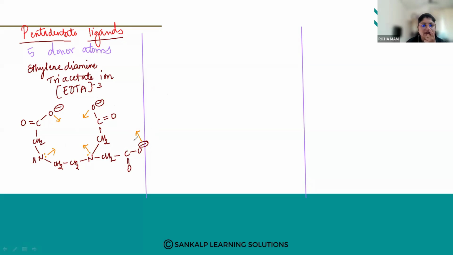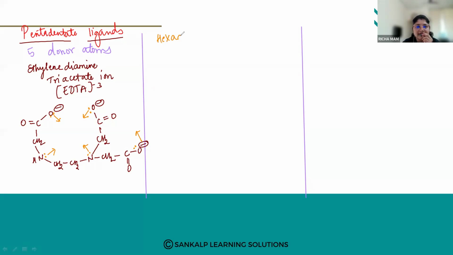So 3 oxygen atoms and 2 nitrogen atoms. So this is 5 donor sites. Like this, the metal ion will get linked to the 5 donor sites of the ligand. So this is an example: EDTA.